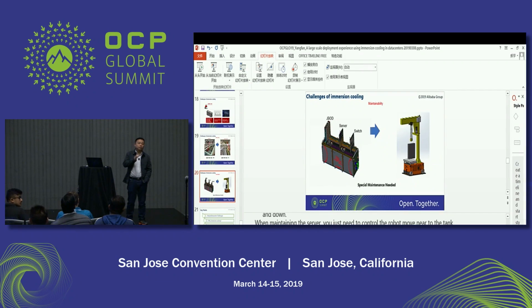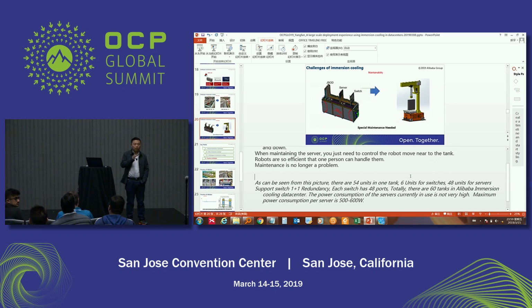It depends on your IT equipment. If you use HDD storage, you must control the temperature of the liquid to about 30 to 40 degrees C. You can get better reliability.